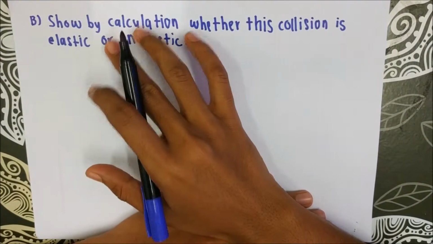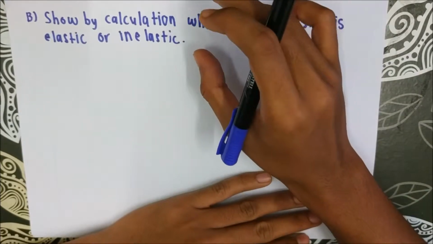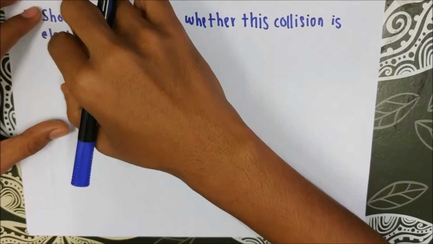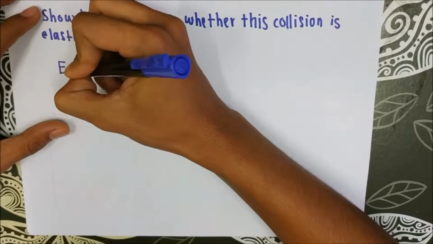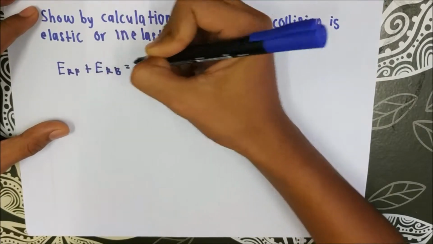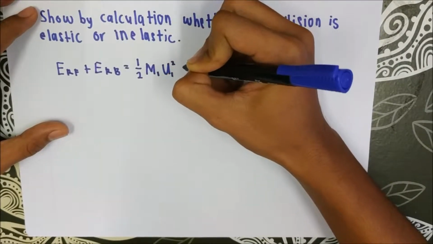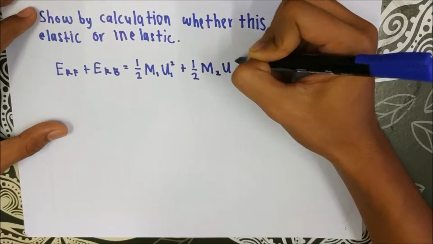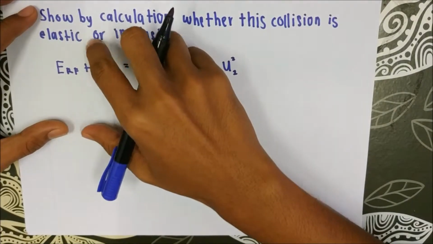Let me show you the formula we need to use: E_RF plus E_RB equals 1/2 M1 U1 squared plus 1/2 M2 U2 squared. E refers to kinetic energy, F for forward and B for backline.